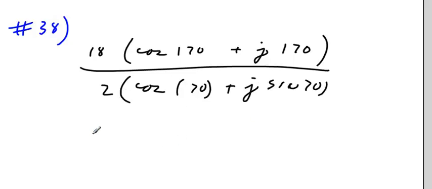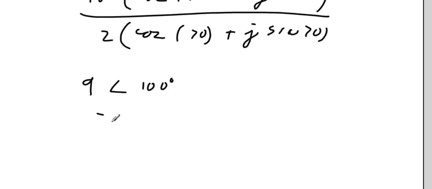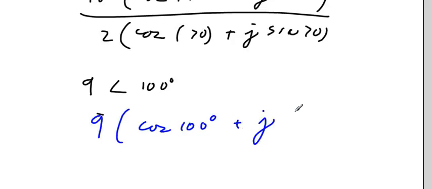All right, looks good. 9 angle 100. We want to write the result in trigonometric form. So 9 cosine 100 plus j sine 100. If you insist, I will do it that way.